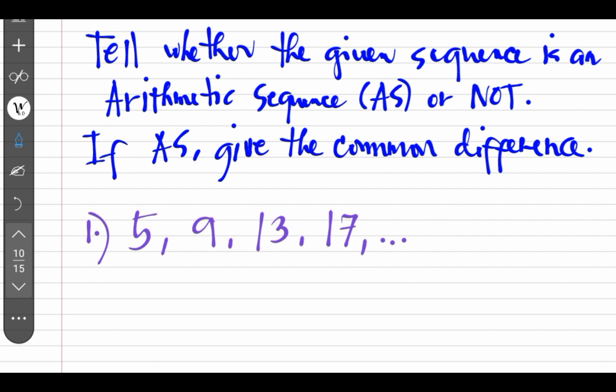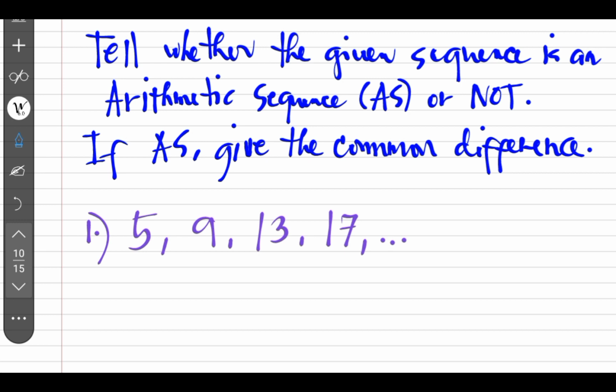Okay, next. Now, let's check whether you learned from this video or not. Tell whether the given sequence is an arithmetic sequence or not. And if the given sequence is an arithmetic sequence, give the common difference. So for number 1, you have 5, 9, 13, and 17, and so on.